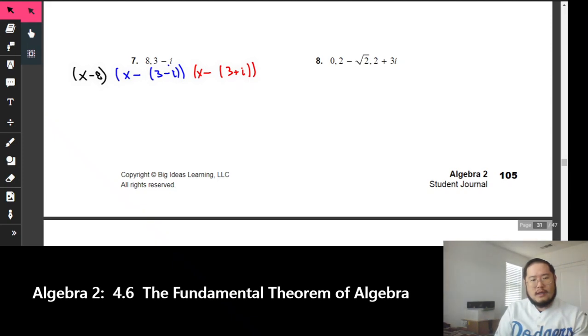Let's deal with this x business over here. In this instance, we're going to have to do some grouping. So how am I going to group this out? I'm going to change this to x minus 3, parentheses, minus i, like so. And then with the other one, we've got x minus 3 plus i.